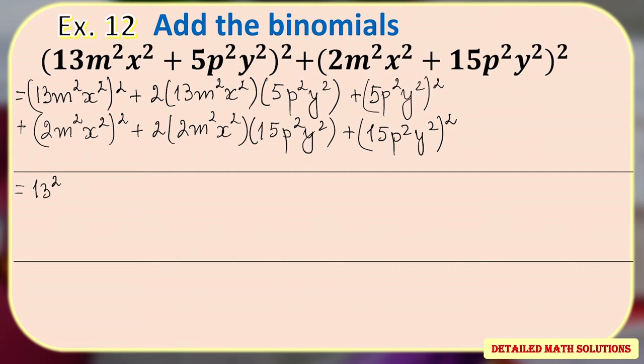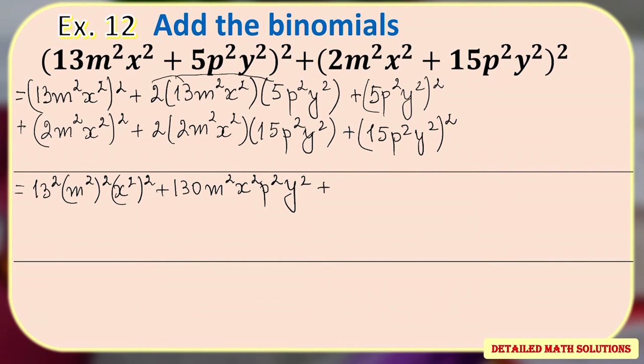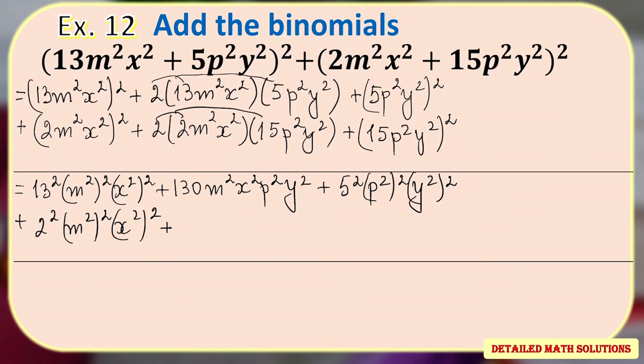This way I get 13 squared m squared to the power of 2 x squared to the power of 2 plus 2 times 13 times 5 is 130 m squared x squared b squared y squared plus I have 5 squared b squared to the power of 2 multiplied by y squared to the power of 2 plus 2 squared m squared squared x squared squared plus 2 times 2 times 15 is 60 m squared x squared b squared y squared plus 15 squared b squared squared y squared squared.